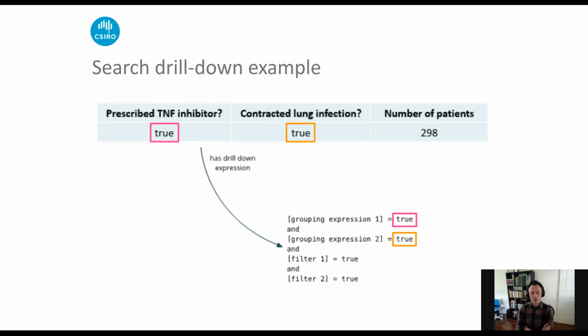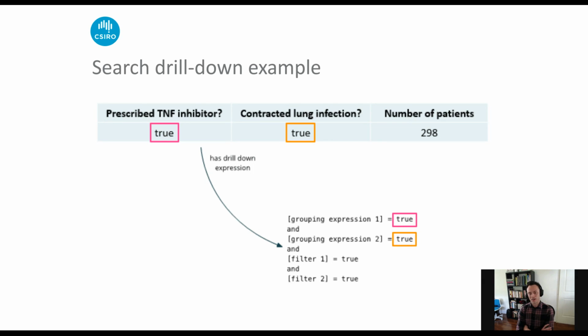Here is an example from our earlier example for aggregate. Here's one of the rows that we got back in our response, the row which described the number of patients which both were prescribed a TNF inhibitor and also contracted a lung infection. One of the things that comes back with this information in the aggregate response is a drill down expression.